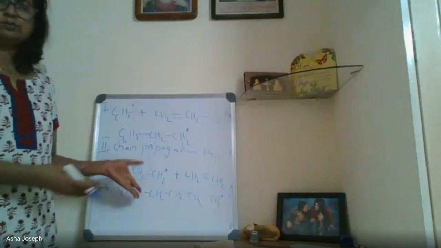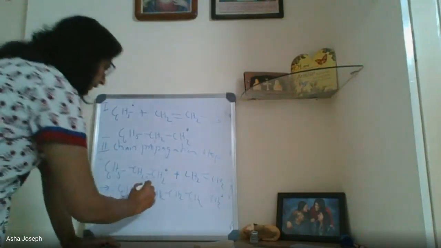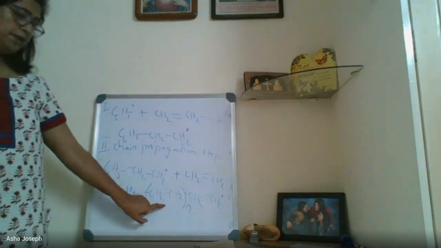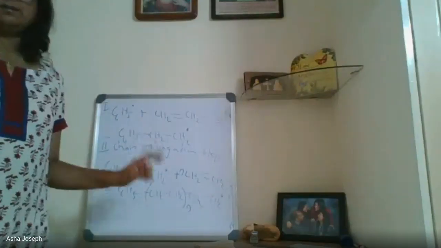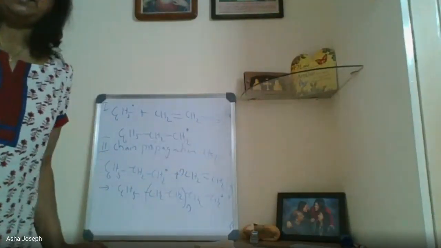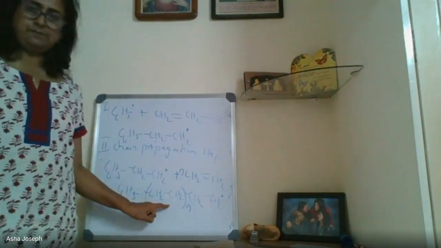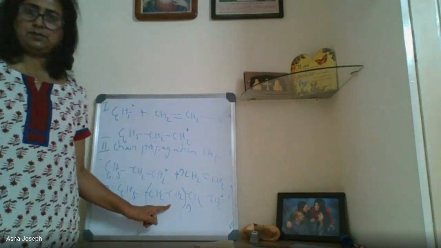Another monomer is added. So there will be n number of monomers, many will be added. CH2 double bond CH2, so n will be added, but it is not a polythene, it is a free radical. This is the propagation step. Understood?